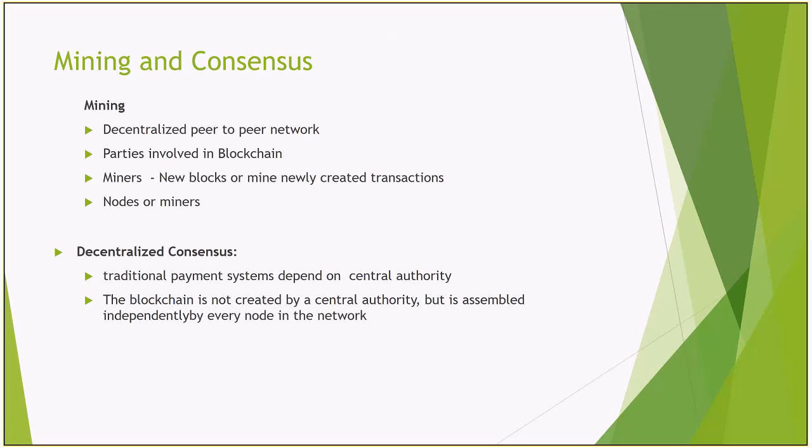The decentralized peer-to-peer network for the mining works like this: all the nodes in the blockchain ecosystem have all the transactions available. When a Genesis block is created, the peer-to-peer network sends the information to all the nodes, and they try to solve the puzzle.